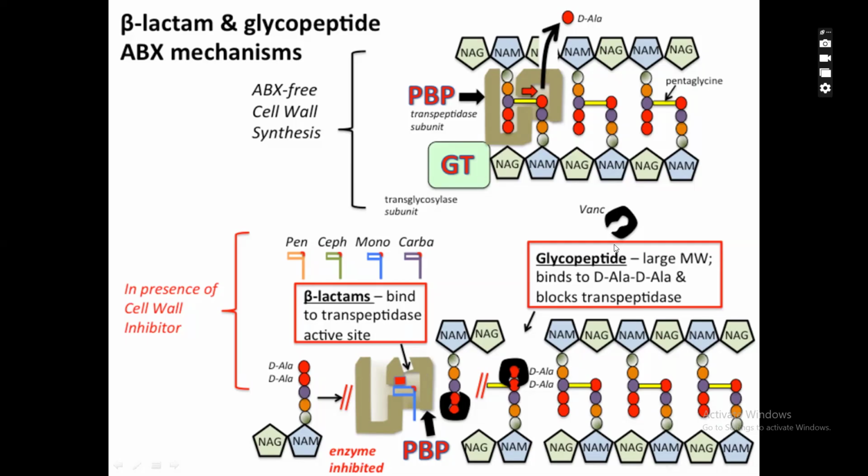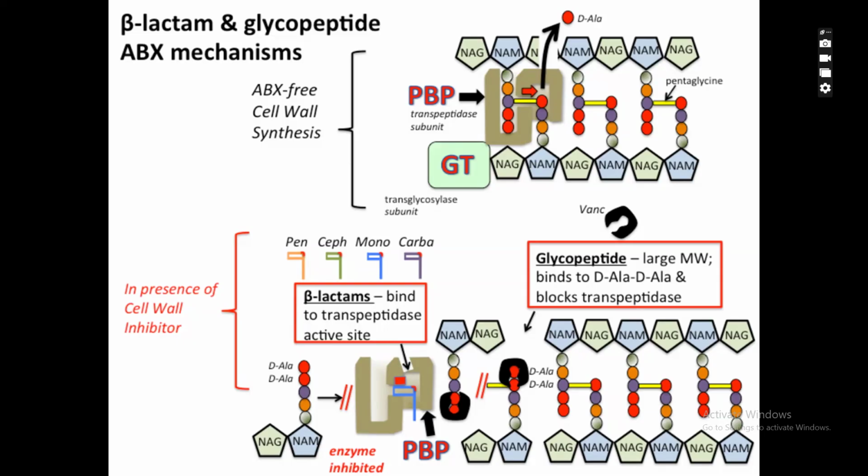But the glycopeptides or vancomycin are large molecules. They bind to the D-Ala-D-Ala terminal of these peptidoglycan subunits, and they inhibit the transglycosylase enzymes from getting attached and elongating the chain. So glycopeptides, vancomycin or teicoplanin, bind to the D-Ala-D-Ala terminal of the peptide chain, and it prevents the elongation of the peptidoglycan chain.